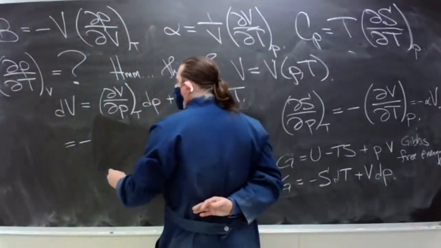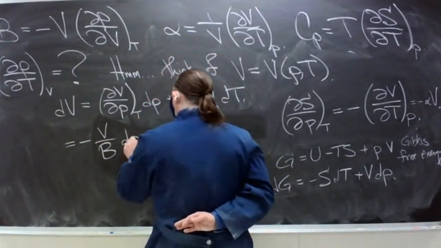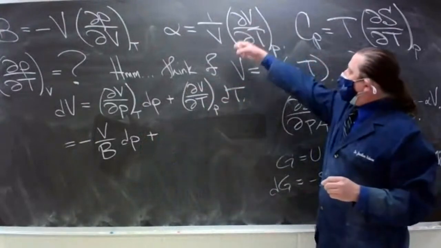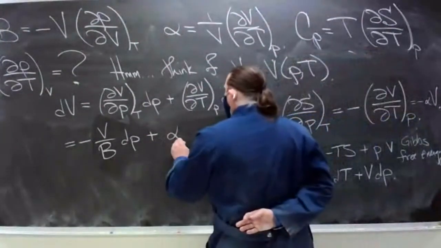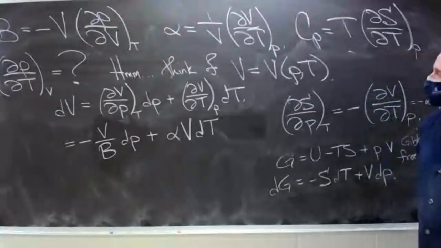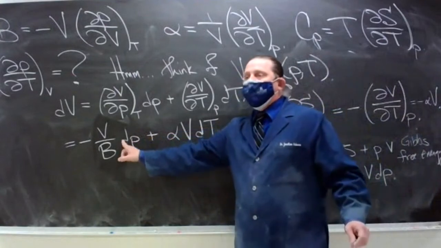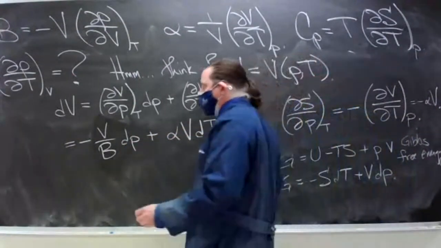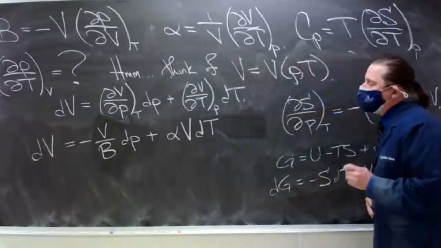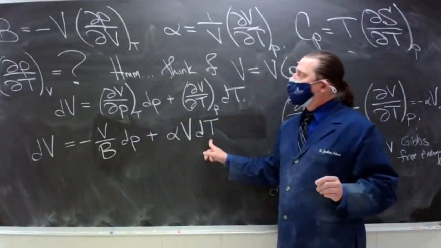So this is going to be, and how about this one? Well, this is alpha V. Just like that. So here I've got a change in pressure and a change in temperature. My change in volume is equal to this.